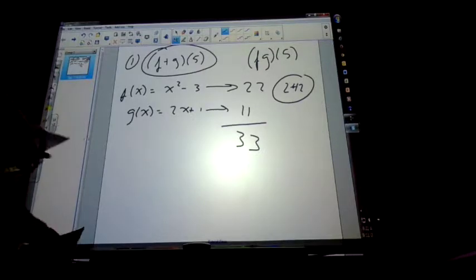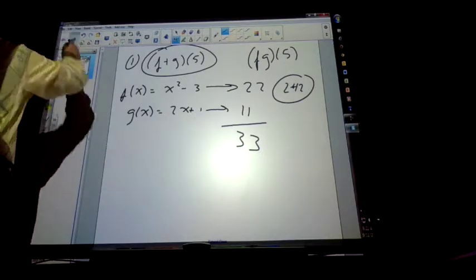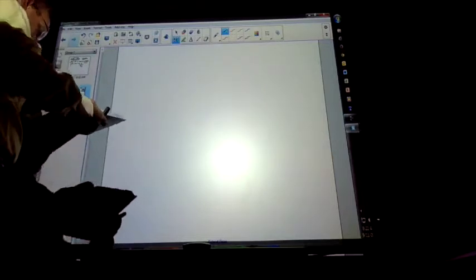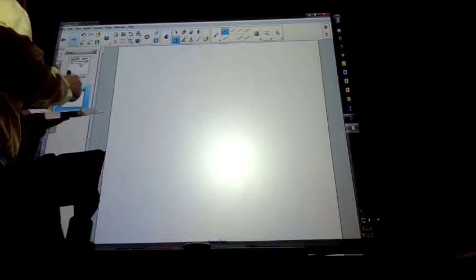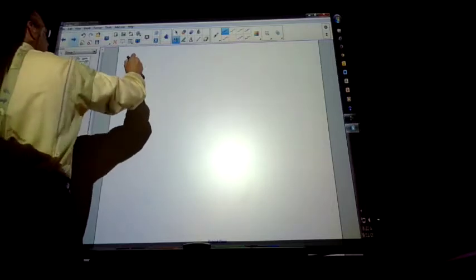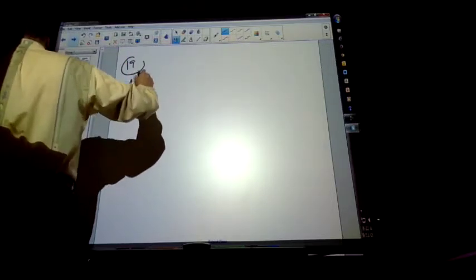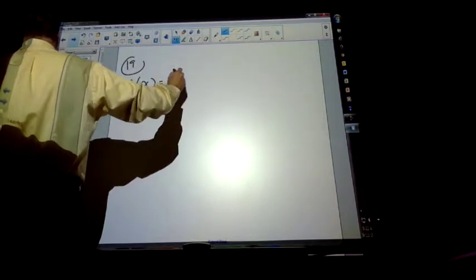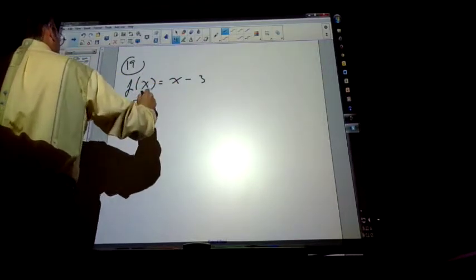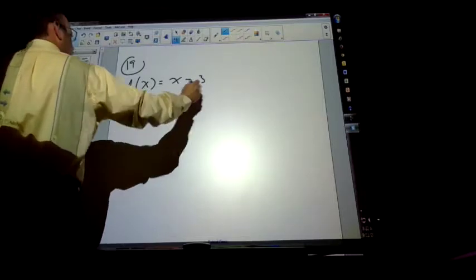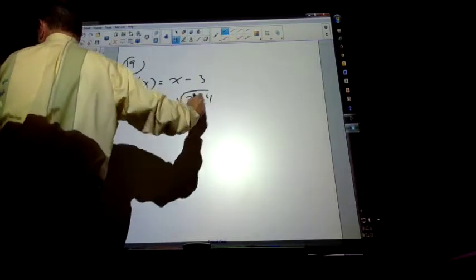Okay, so then after that, let's take a look at number 19, which would be a problem that I would have assigned you. Problem number 19 says we have the function f at x is equal to x minus 3, and g at x is equal to the square root of x plus 4.